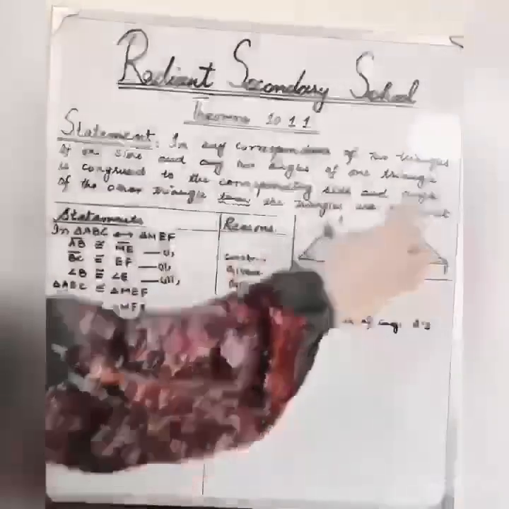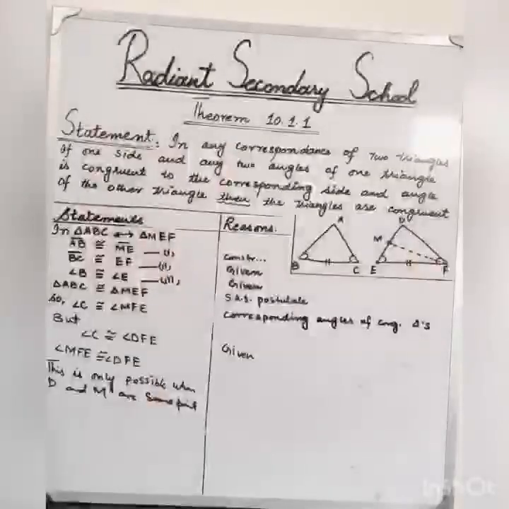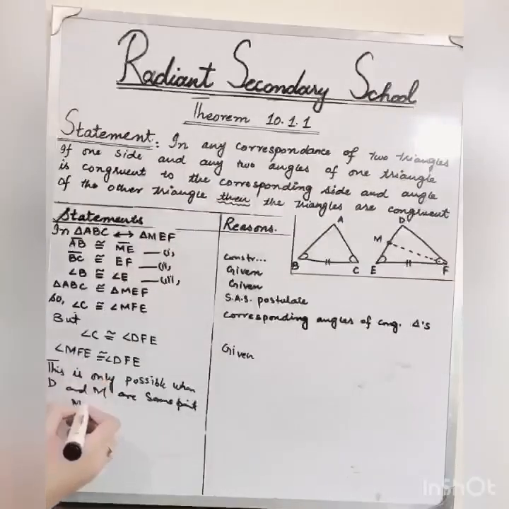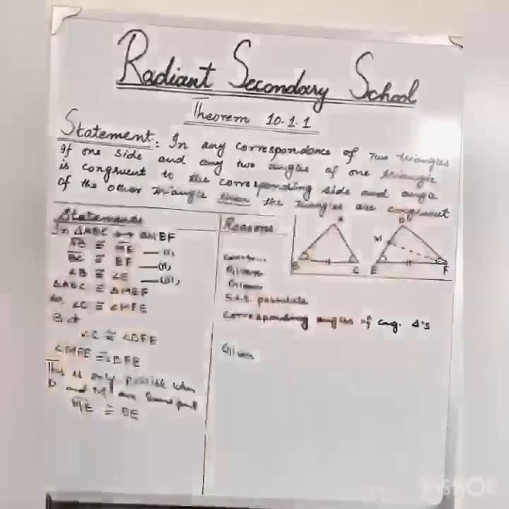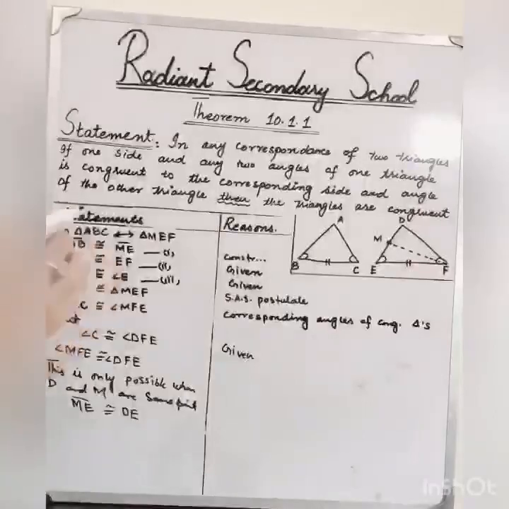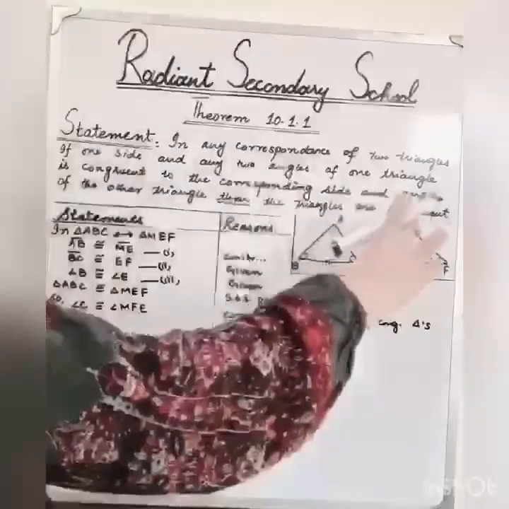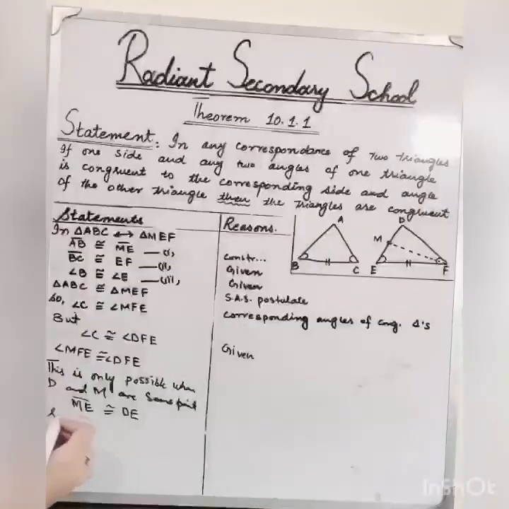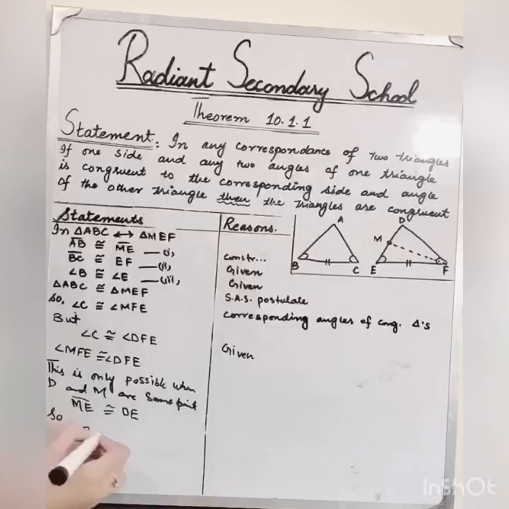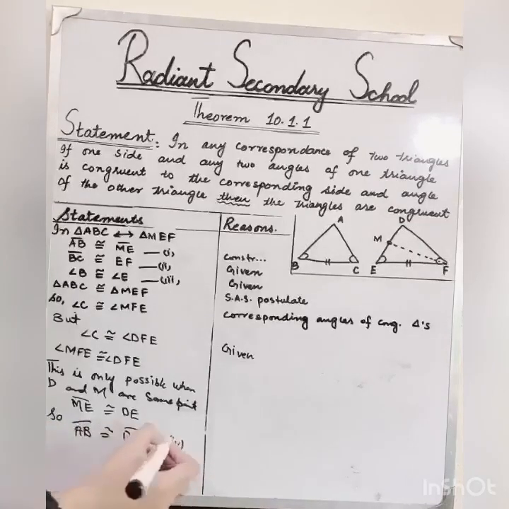When D and M lie on the same point, ME is congruent to DE. This length ME is congruent to length DE, meaning these two lengths become equal. So then we can say that AB is congruent to DE. Let's suppose this is point 4.